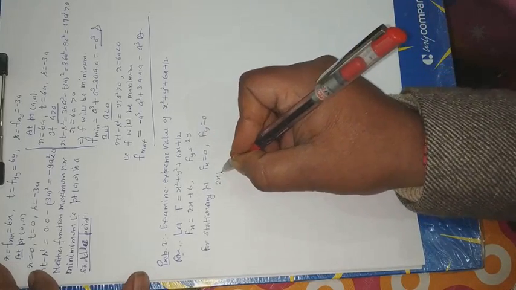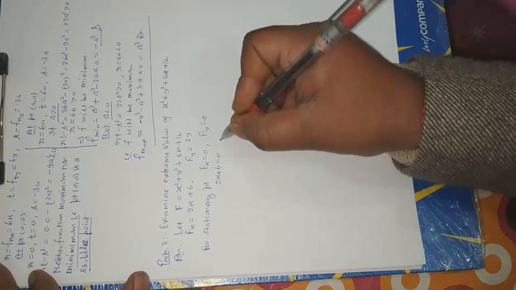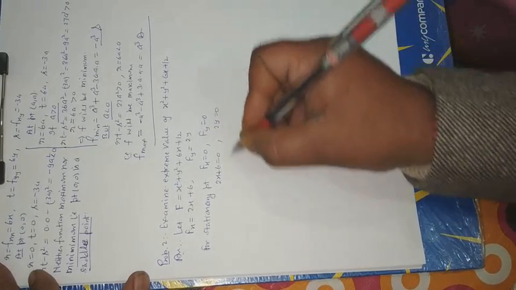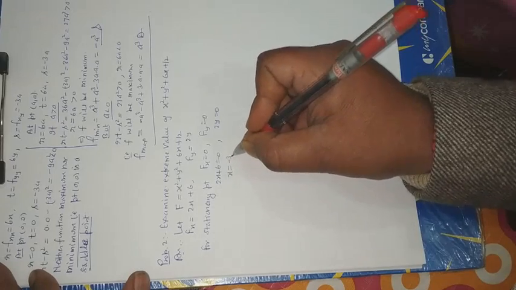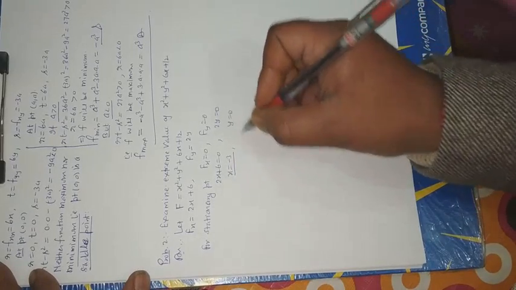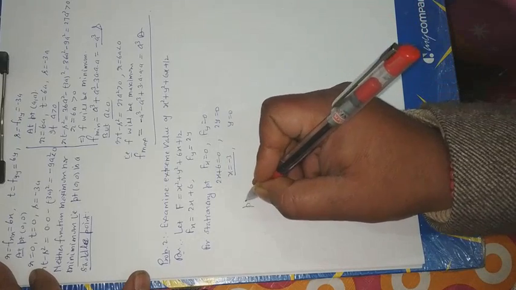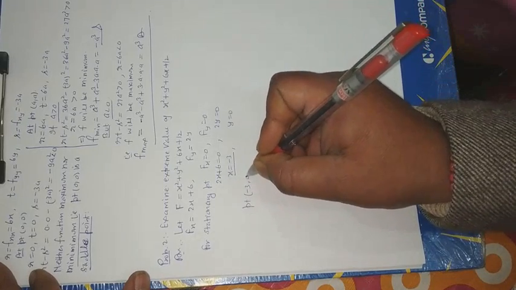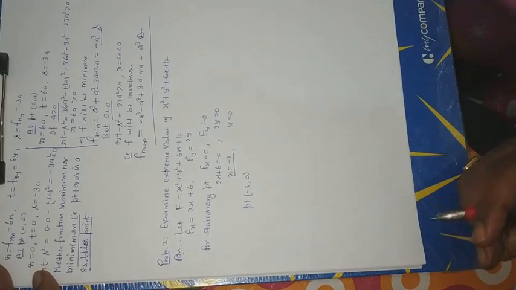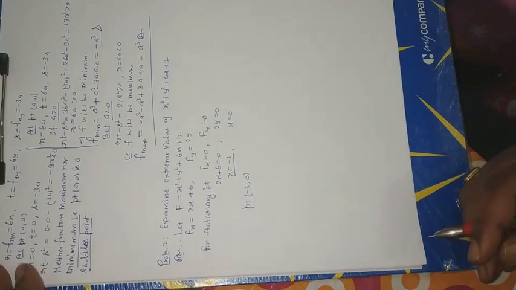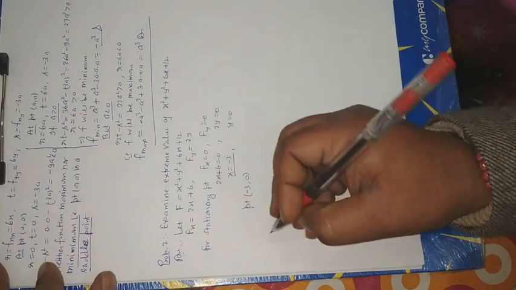That is 2x plus 6 is equal to 0, 2y is equal to 0. That is x is equal to minus 3 and y is equal to 0. Now point (minus 3, 0) is a stationary point.